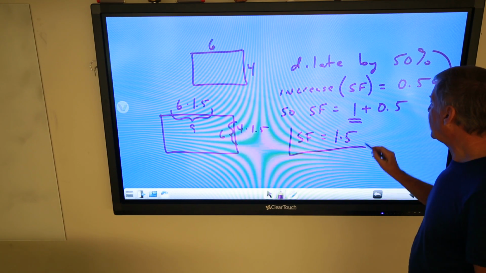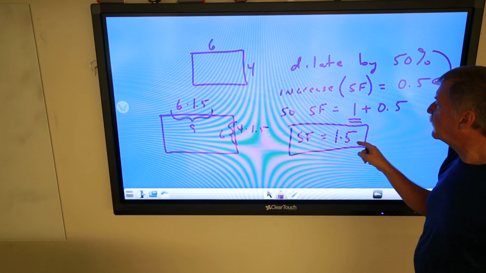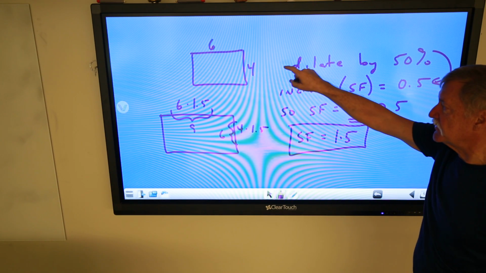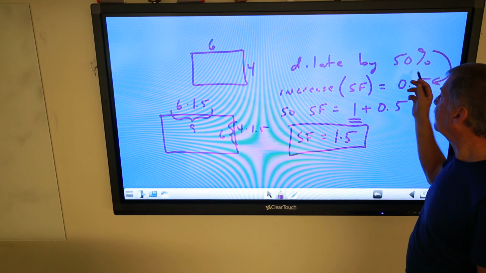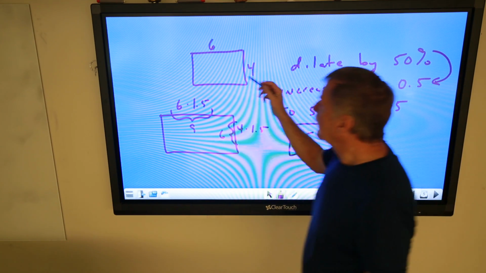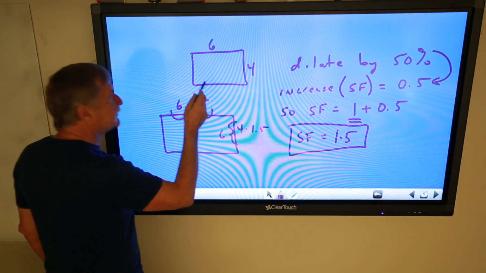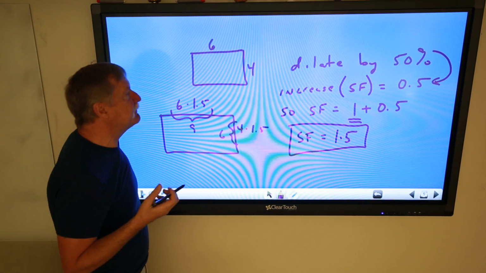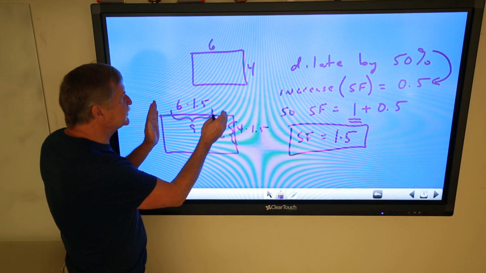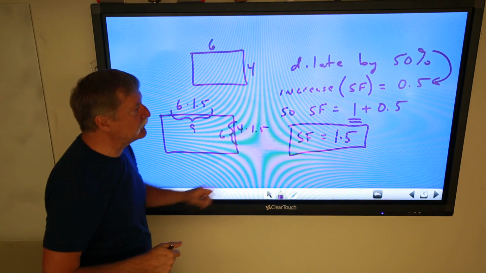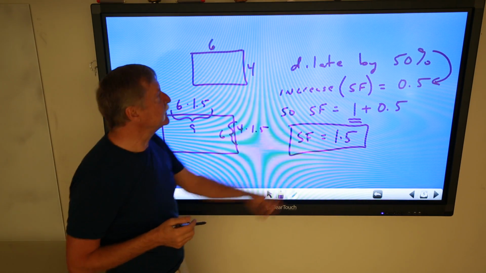So the scale factor becomes 1.5 times the dimensions. And so if I'm going to dilate this 6x4 rectangle by 50%, I have the original dimensions times not 0.5, because that would be shrinking it, not dilating it. You have the original amount and 50% more. That's where we get 1.5.